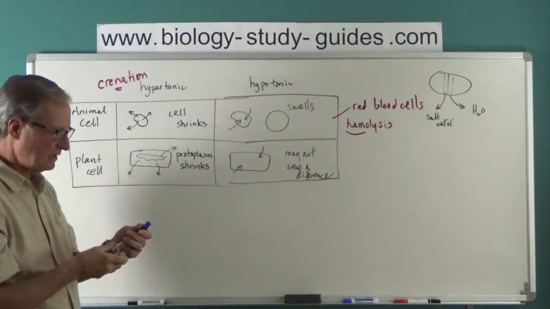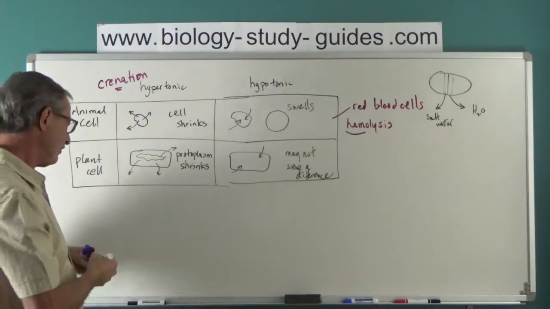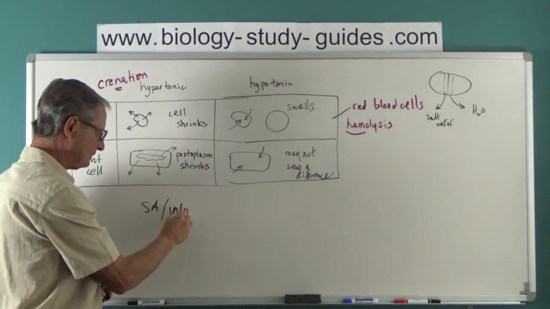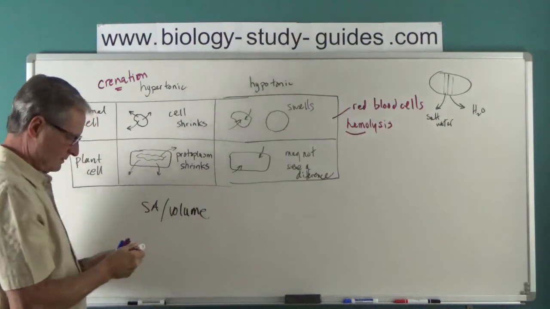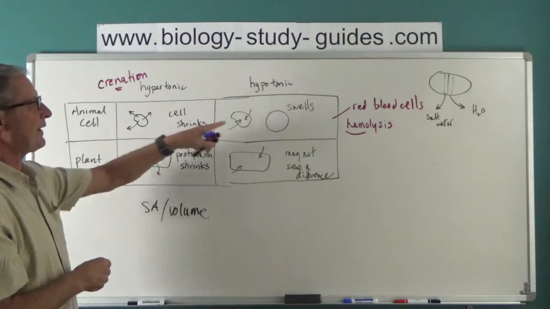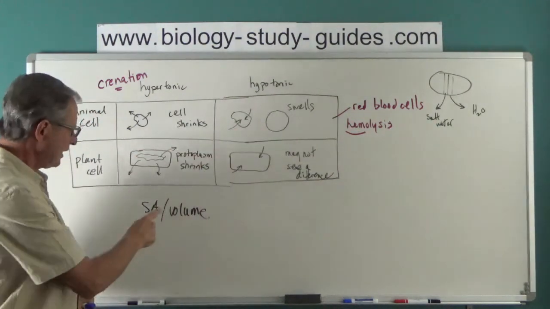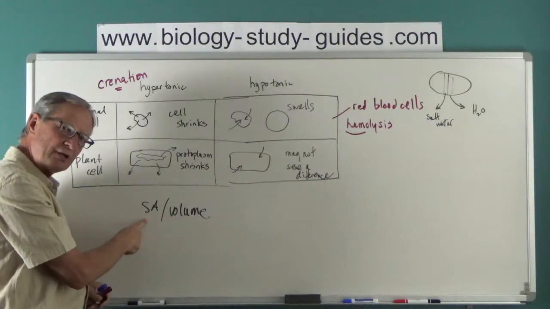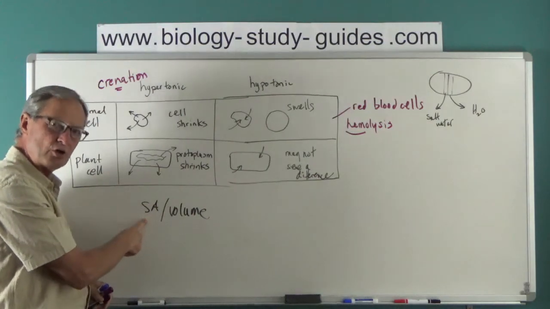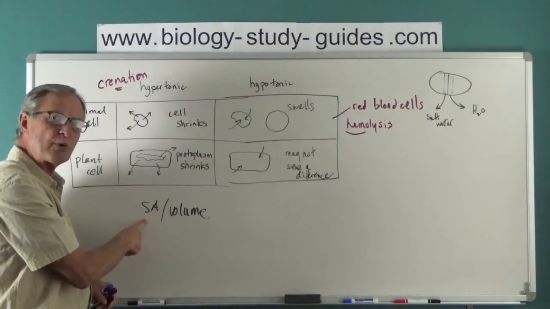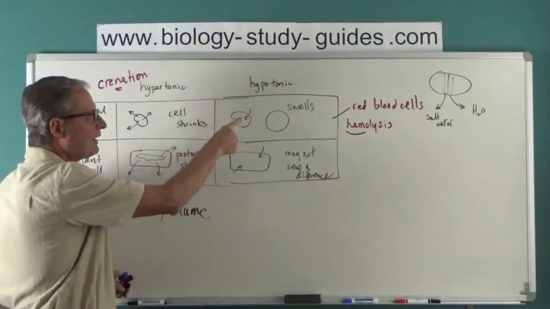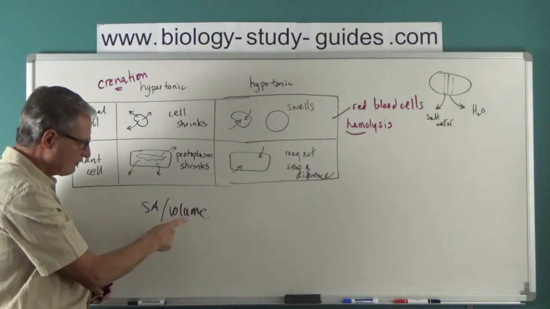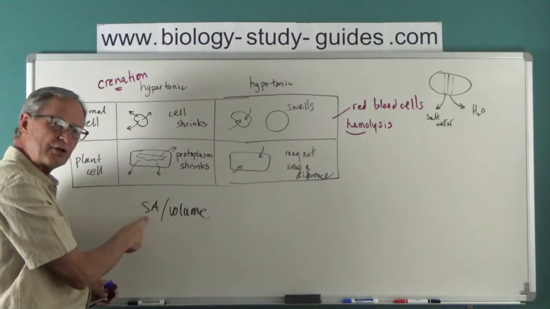The last thing here is dealing with surface area and volume. As a cell swells, its volume increases. Does the surface area increase? No. The surface was already there. But if you make a cell swell, the volume will increase, surface area will not.